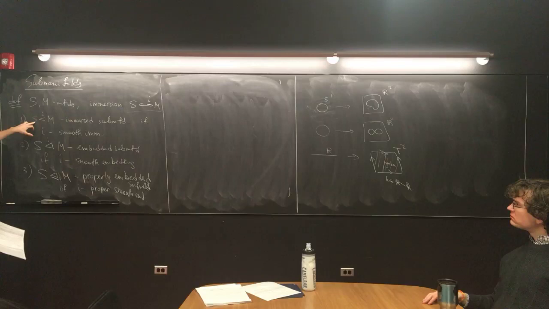And it turns out that if S is an immersed manifold, then the image of S is an immersed submanifold of M, as long as that immersion is injective, actually. Is that actually true? One second. I know it's true for embedding. For immersion, that could be the problem.